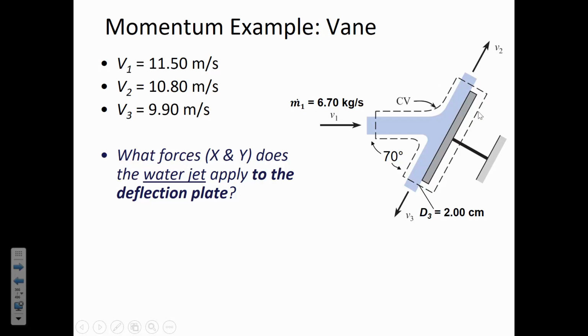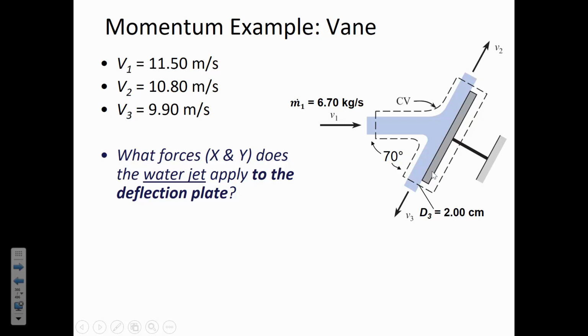When you're solving in the x direction, stream 2 will be positive, stream 3 will be negative since it's to the left. And then when we're working vertically, stream 2 would be positive because it's up, stream 3 will be negative because it's down. But what's not given is the mass flow rate at location 2 and at location 3.